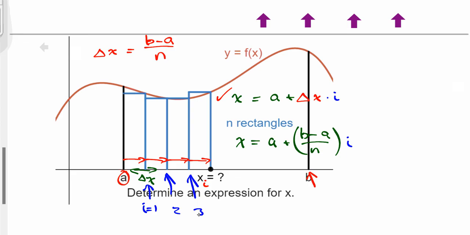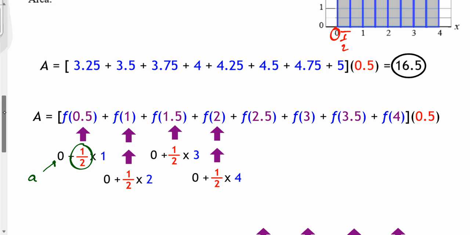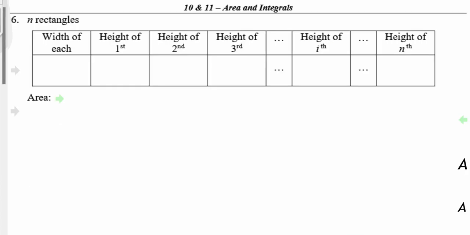You see how this is connecting to yesterday, where up here this is a series. And we're working this out to a point where we can get i's showing up in our series, so we can develop a formula that we can use those ridiculous sum notations to actually calculate what this would be. So again, still no notes, but here we're going to do it with n rectangles.